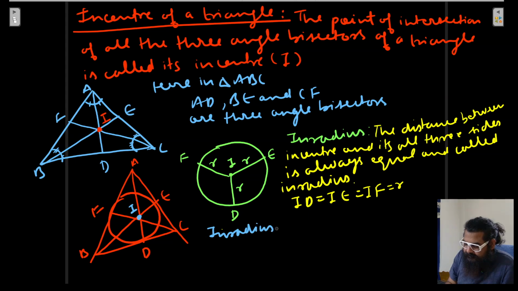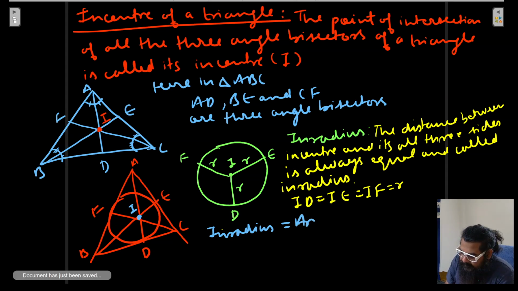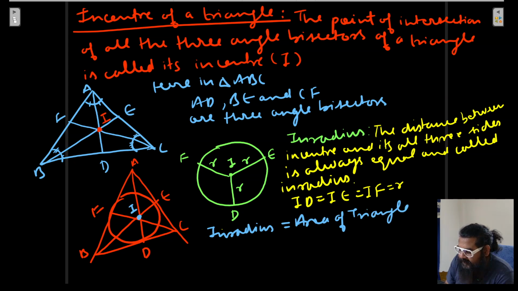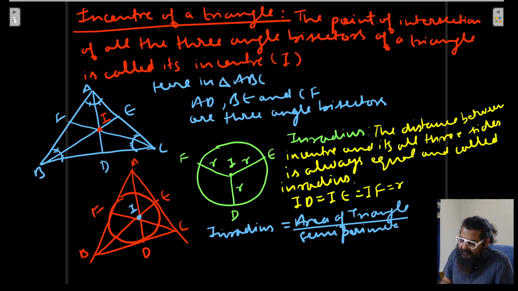Inradius is equal to the area of the triangle upon the semi perimeter, that is A upon S, and it is equal to small r.